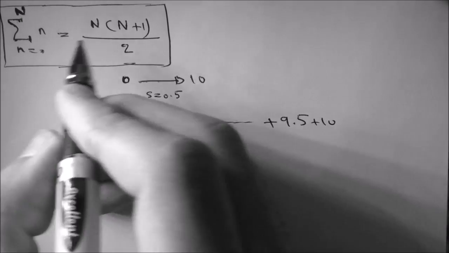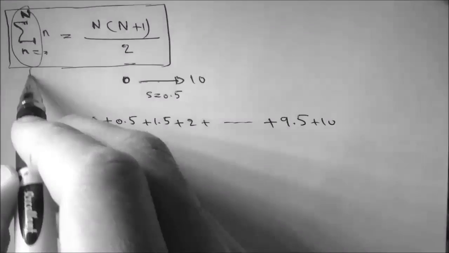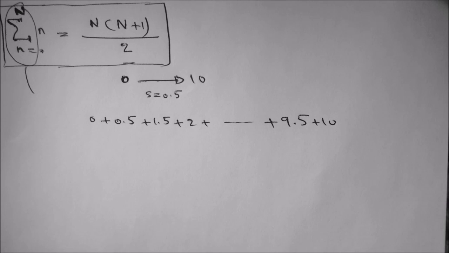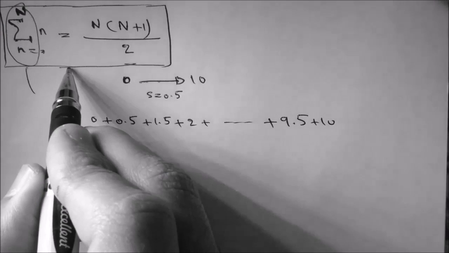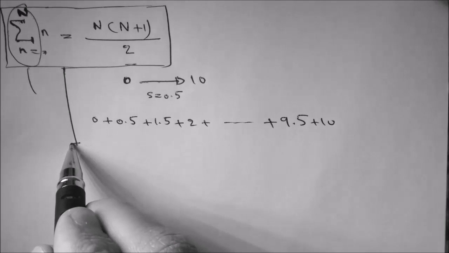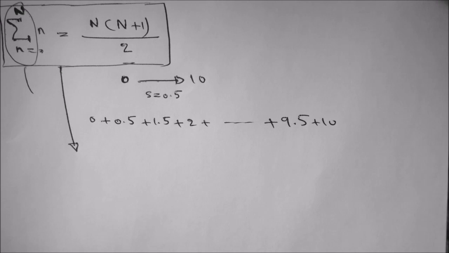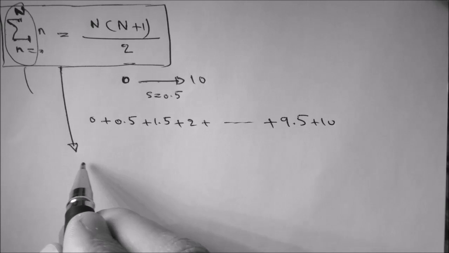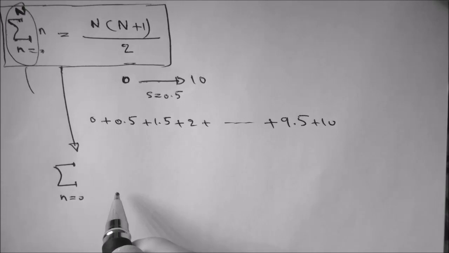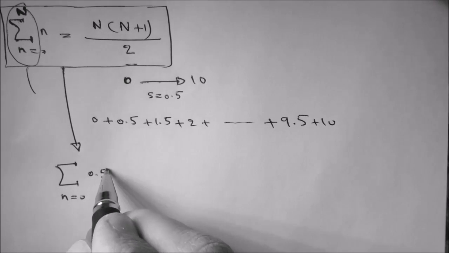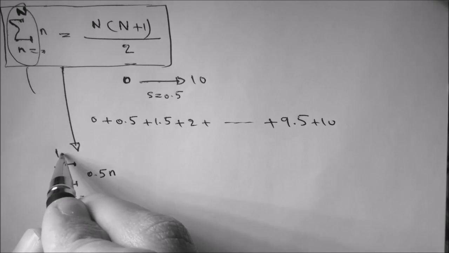The problem here is that this operator only works in integer steps, actually in unity steps. So we are going to modify this formula to force it to work in a step of 0.5 or any other step. We write summation from n equals 0 of 0.5n to 10, for example.